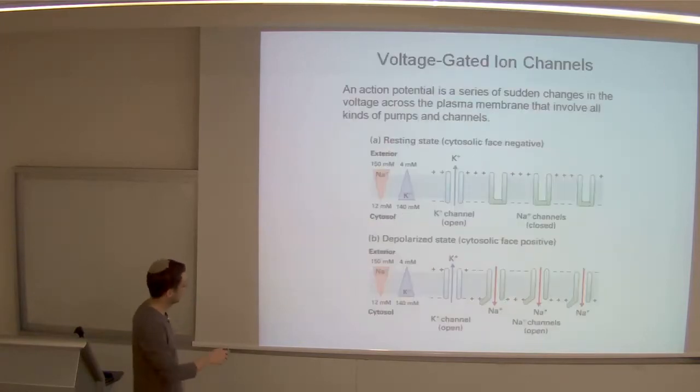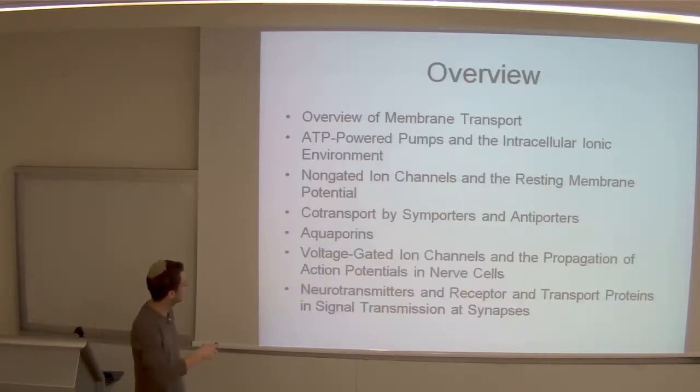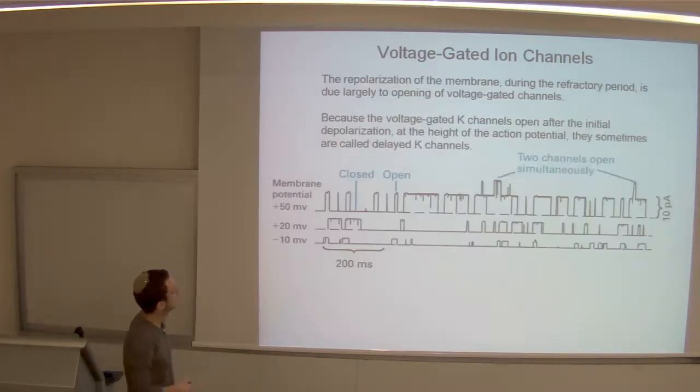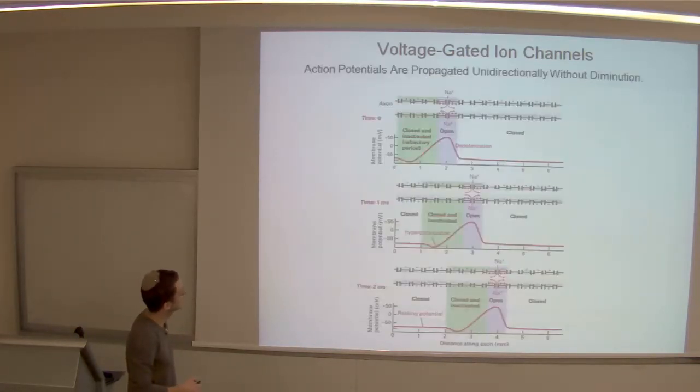And then we did lots of this part, the voltage-gated ion channels. We met the sodium and potassium voltage-gated channels. We've seen their involvement in actively propagating action potentials along nerve cells.